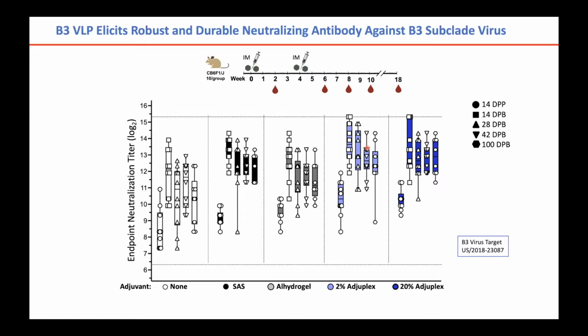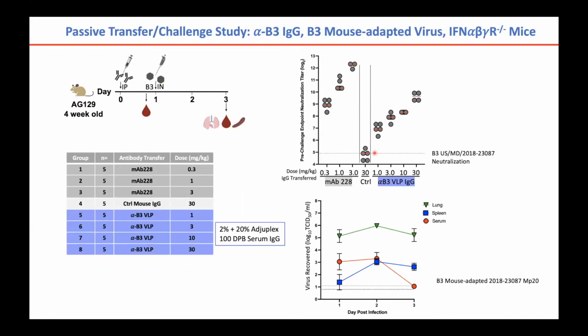Even though this was designed as an adjuvant selection study, we went ahead and pooled the serum from these two Adjuplex groups and concentrated and purified the IgG for a passive transfer study. Again, these susceptible mice were given different concentrations of either 228 or the IgG from the virus-like particle vaccinated pools.